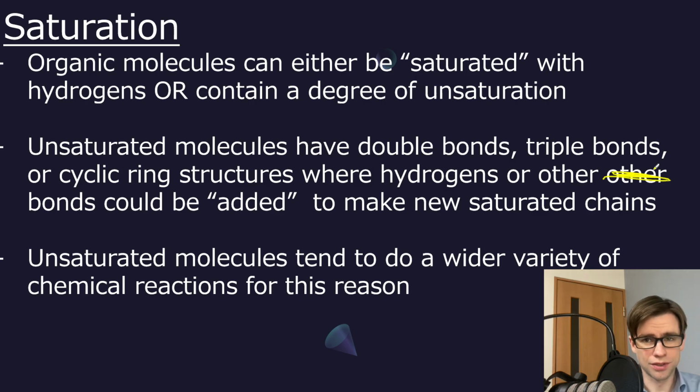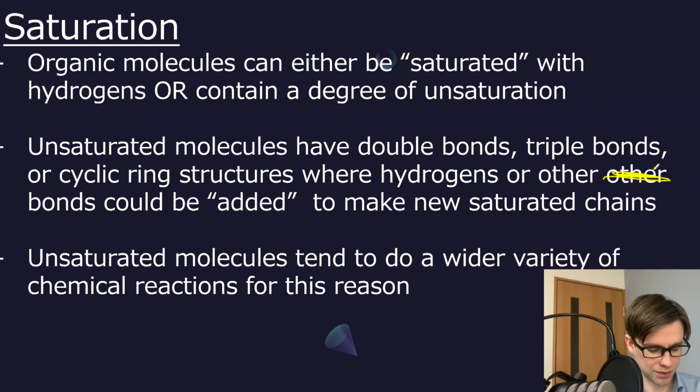Now, I think some definitions call rings possibly already saturated, but I like to think of them as being a little bit unsaturated because you could open up the ring and add hydrogens wherever you make that cut through the ring. But it kind of depends. I'm not exactly sure what IB would prefer. Generally, I don't think they'd give you that kind of question, like, is this ring saturated or not?